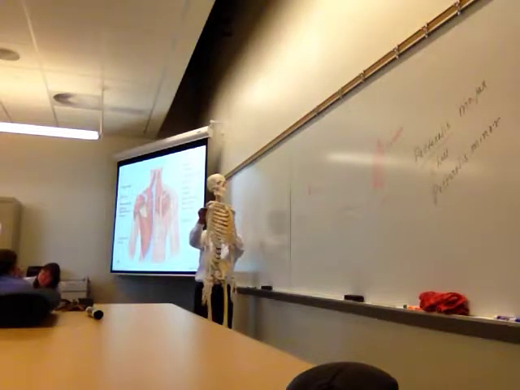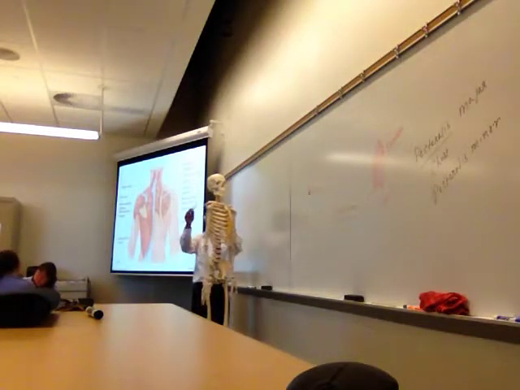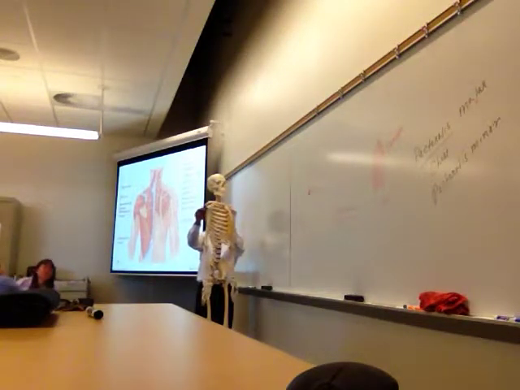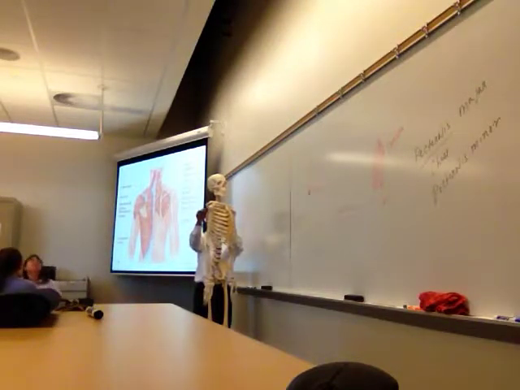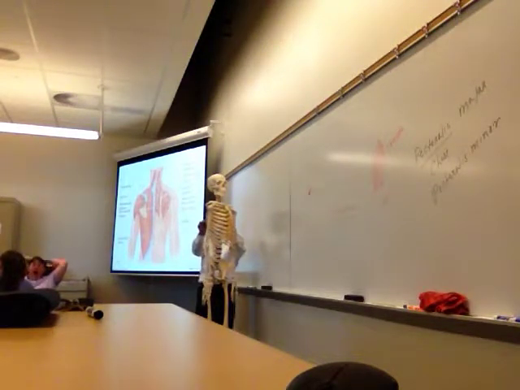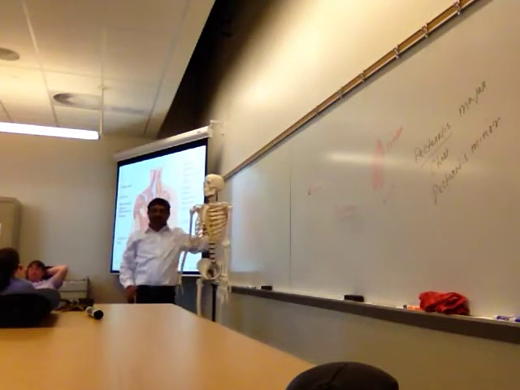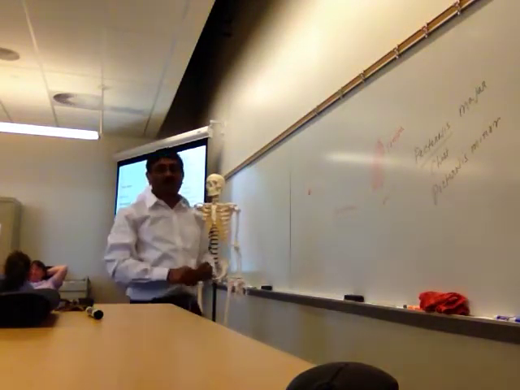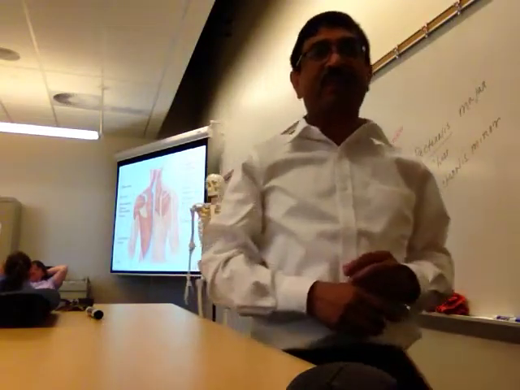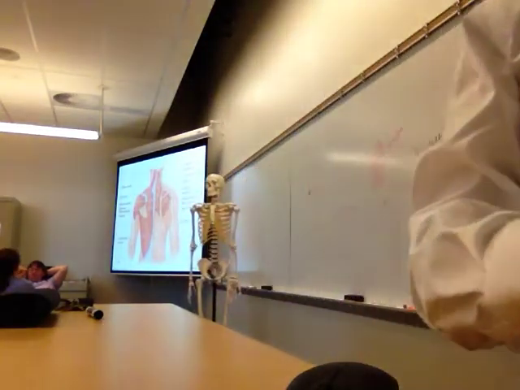The supraspinatus muscle is located in the supraspinous fossa, and the infraspinatus muscle is below. Supraspinatus above the spine, infraspinatus below the spine. Okay? So those are the important muscles that you see in the back of the chest.